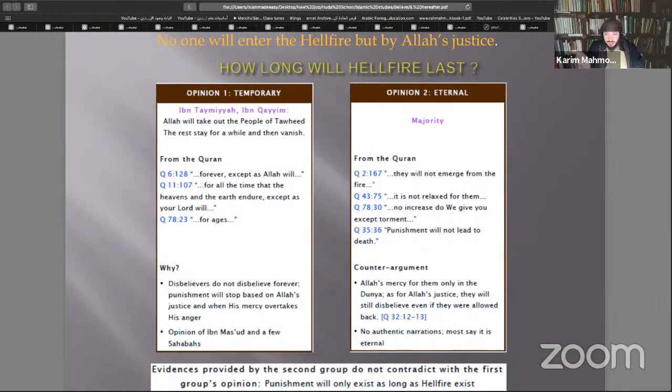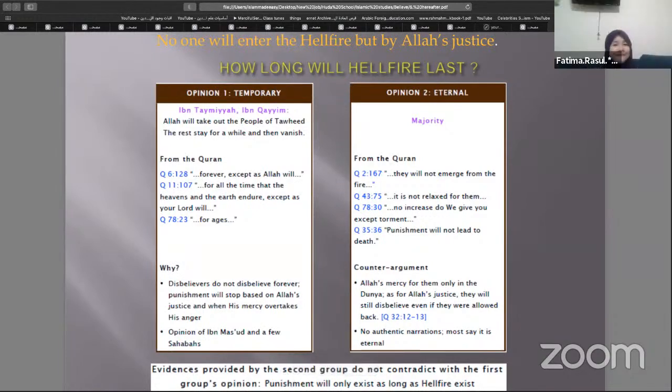I know that, but they only did bad stuff for like 20 years when they were living on earth. They only did it for 40, 50, 60 years on earth. So they didn't do it forever. How come they're getting punished forever if they only did bad things for a limited time?